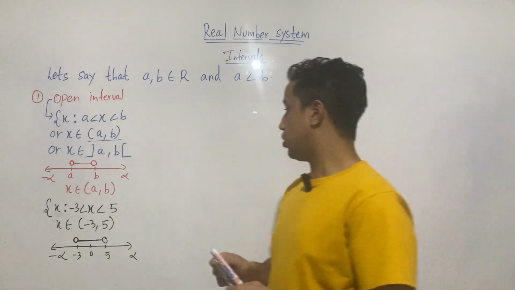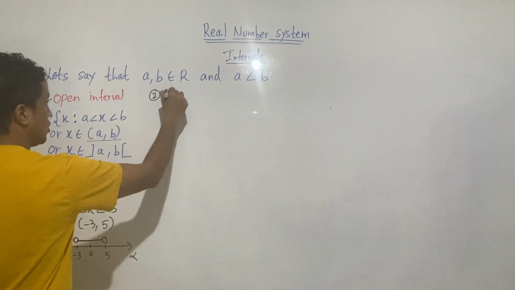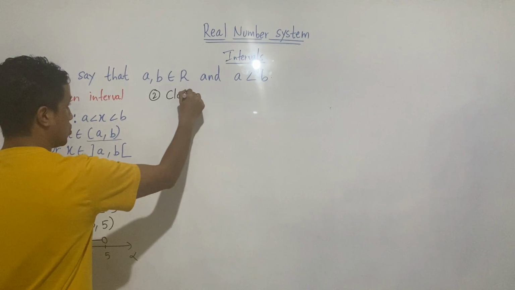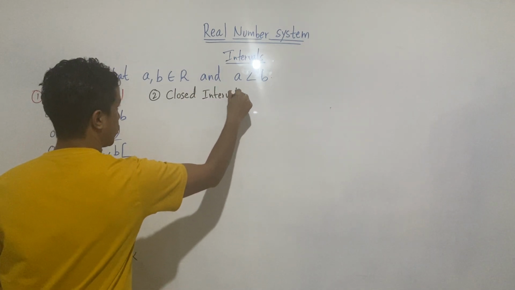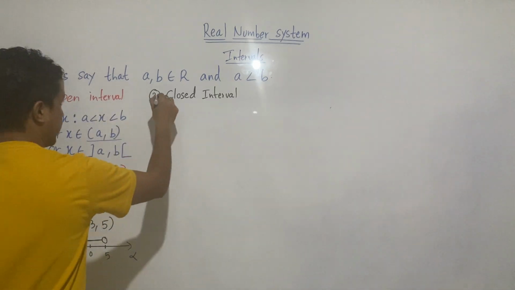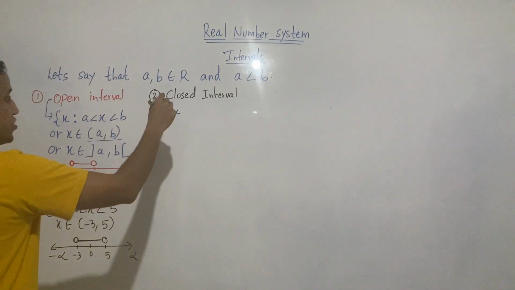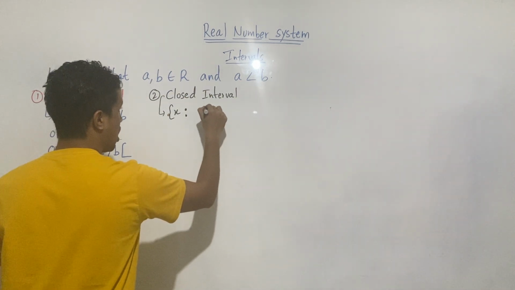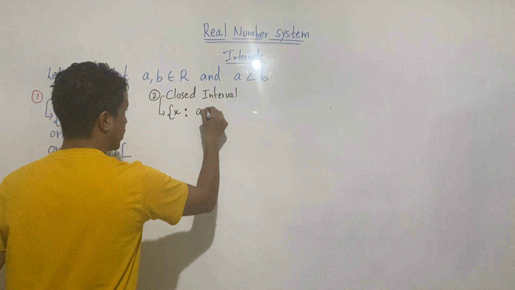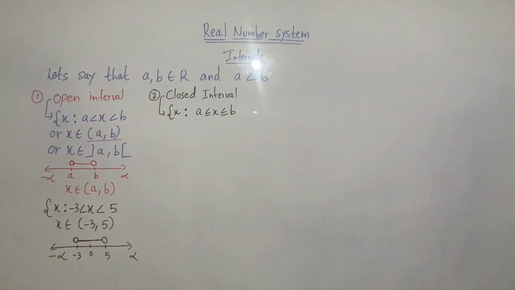Okay, now next, number 2, it is our closed interval. It is defined as: here your x will take all the values between a and b, including a and b.